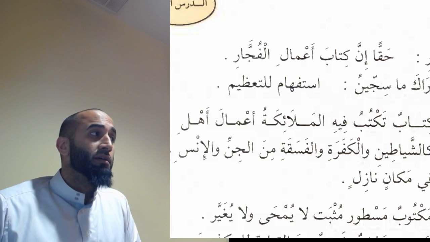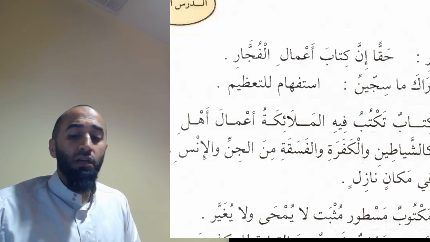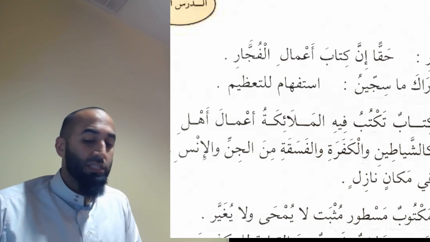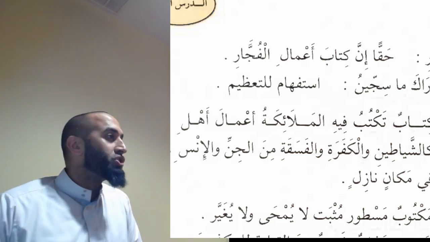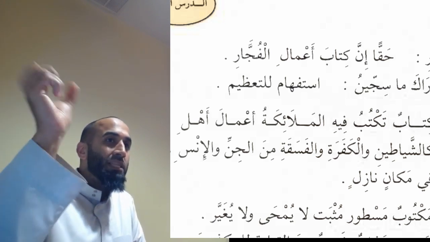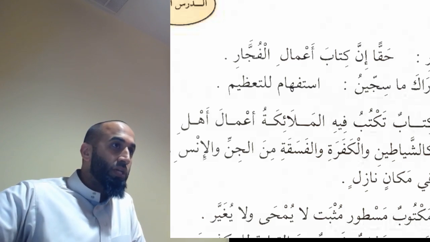Indeed, the book of the actions or the deeds of the Fujjar. Lafi Sijjin, it will be in Sijjin. And he's going to explain what Sijjin is. But indeed, the book of the actions of the Fujjar will be in Sijjin.